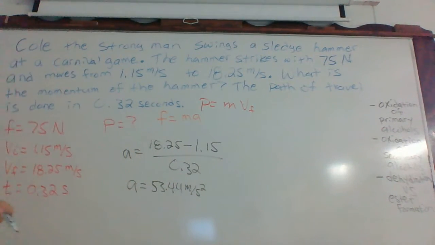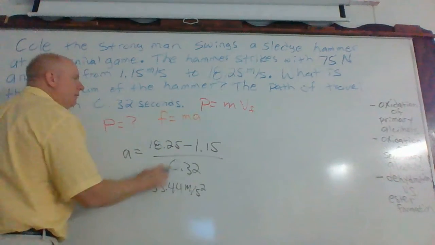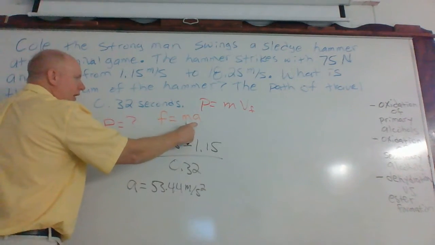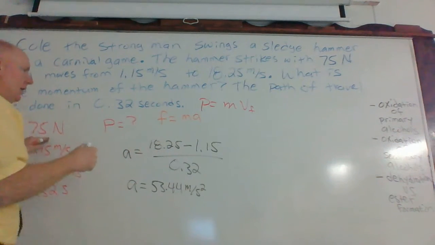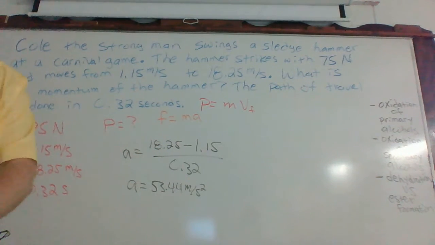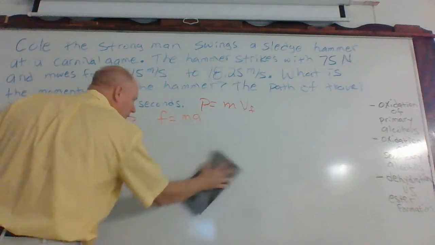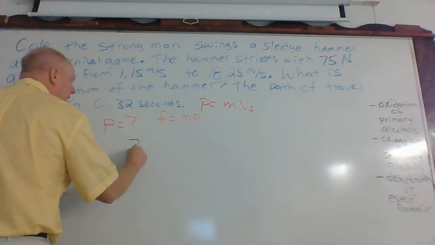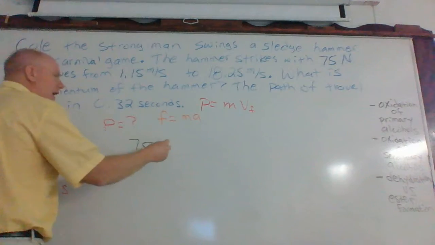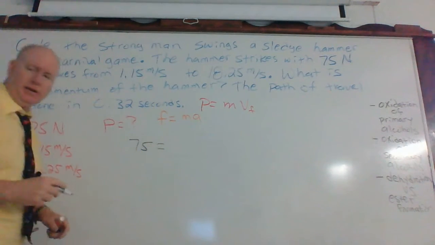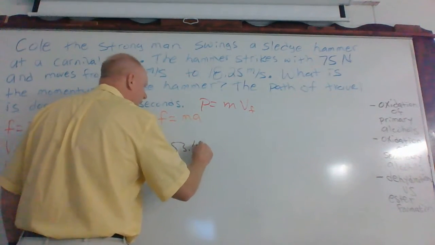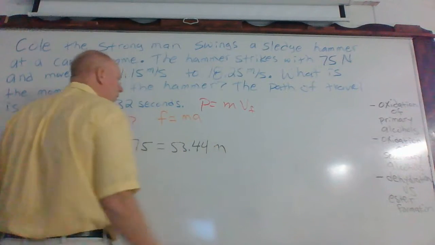Now that we've got that, we know it's an acceleration, and we take that variable and put it into this equation here. We've got our acceleration, and we know the force from our setup. So our force, which was 75, equals our mass, which we don't know, times our acceleration, which was 53.44.